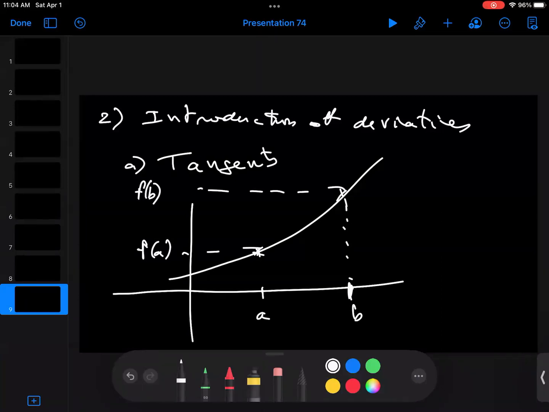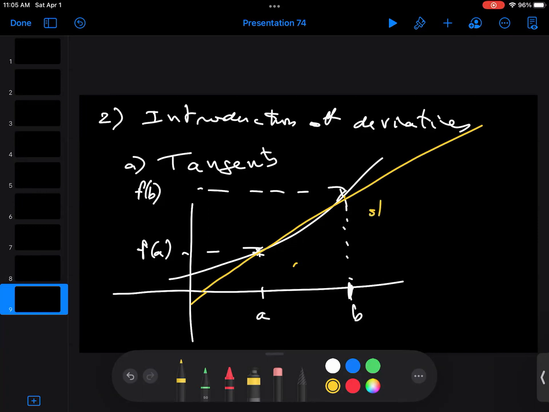So since I have 2 points, I can draw a line that connects these 2 points. And so what's the slope of this line?